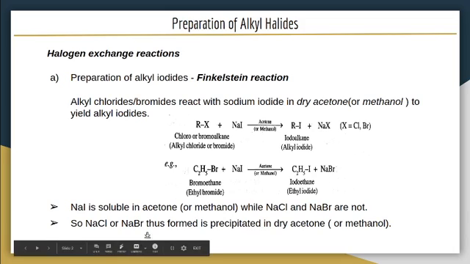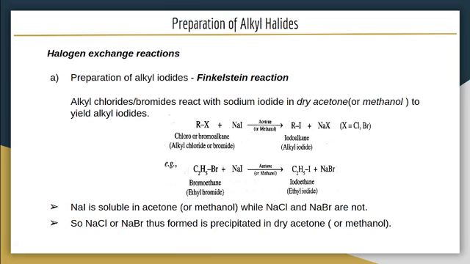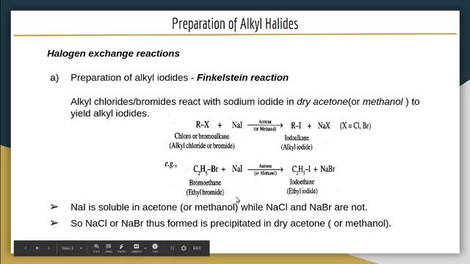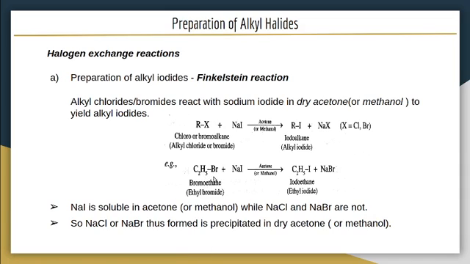So the NaCl or NaBr thus formed is precipitated in dry acetone or methanol. We can use alkyl bromide or alkyl chloride. When we use alkyl bromide we will get sodium bromide, when we use alkyl chloride we will get sodium chloride. They are not soluble in this solvent, so they precipitate in dry acetone or methanol.